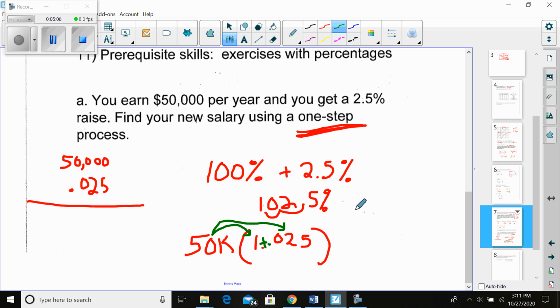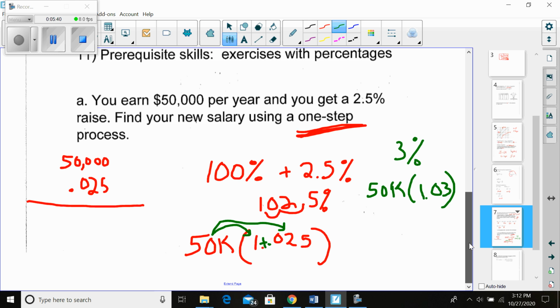So just multiplying 50K times 1.025 would allow me to find that new salary in one step. So if I got a 3% raise and I made 50K, you would do 50K times 1.03 because you get 100% of your pay plus the 3%.